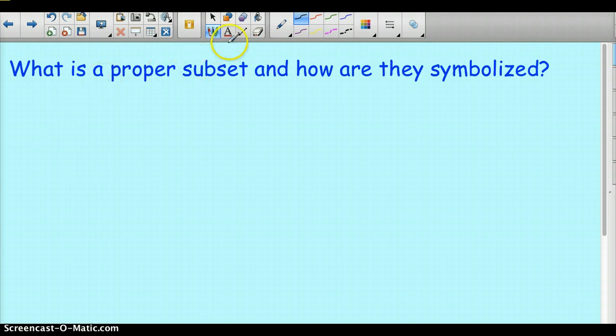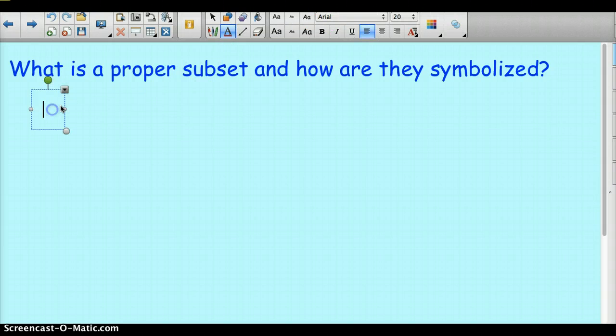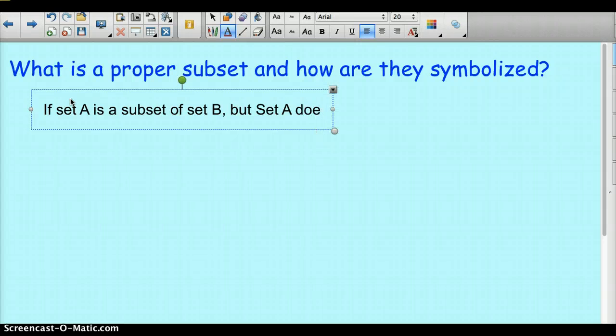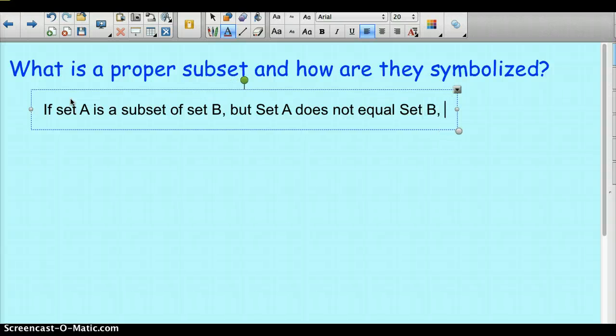Moving on, we're going to talk about proper subset now. So, in talking about proper subset, once again an example, if set A is a subset of set B, but set A does not equal set B, they are proper subsets.